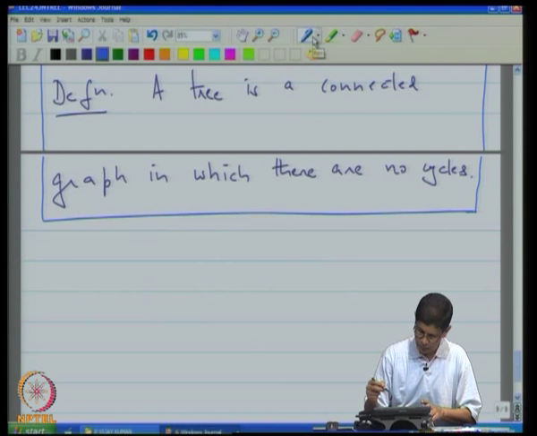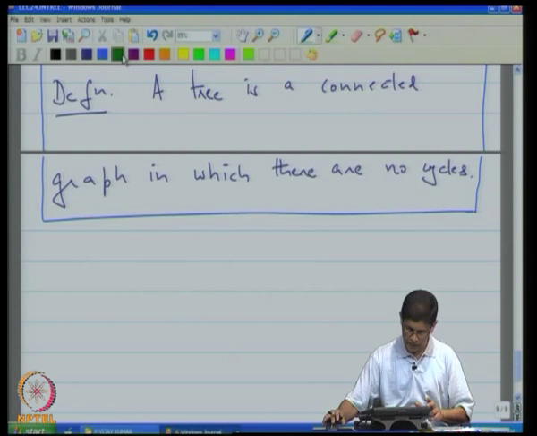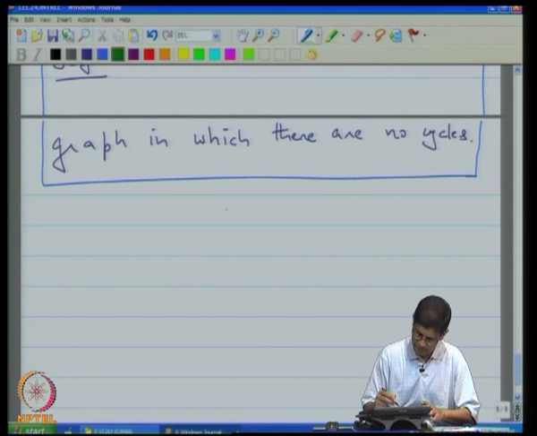A generic example of a tree might be a graph that looks like this.